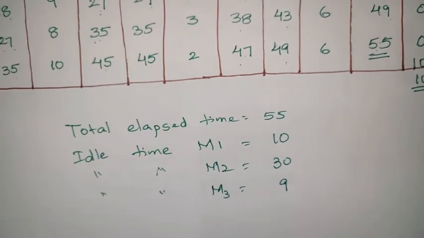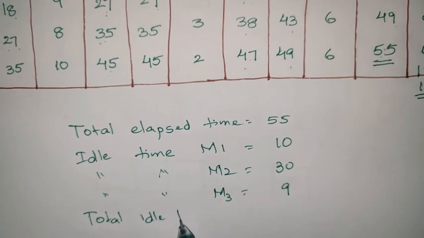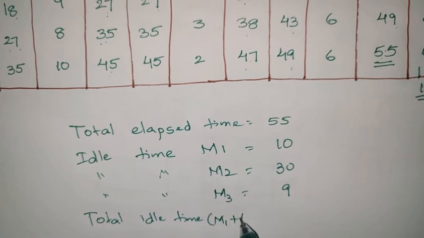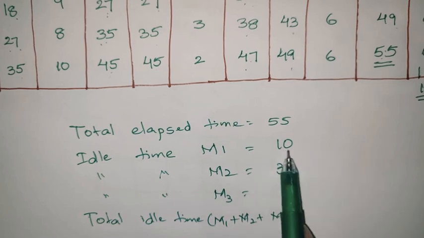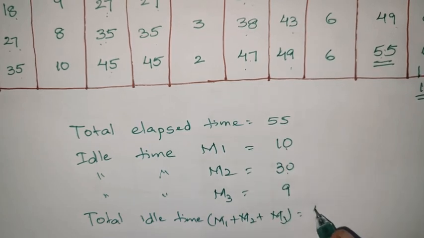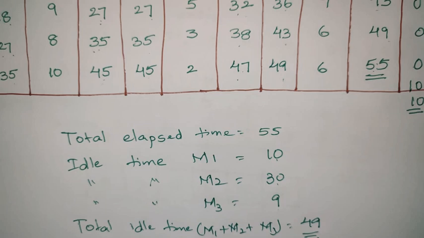What is the total idle time? Total idle time means M1 plus M2 plus M3, that equals 10 plus 30 plus 9, it is 49. So like this we are going to solve the sequencing of n jobs through 3 machines.